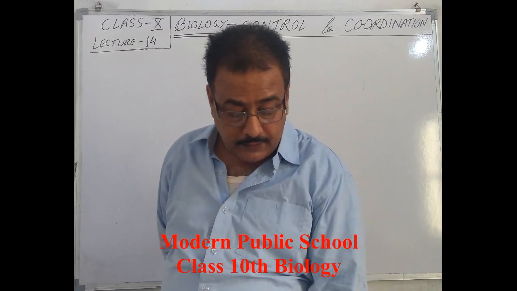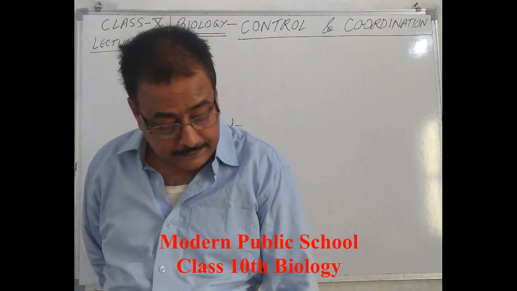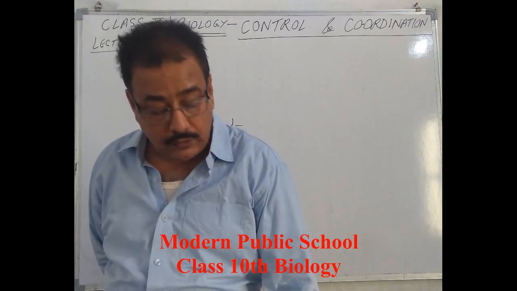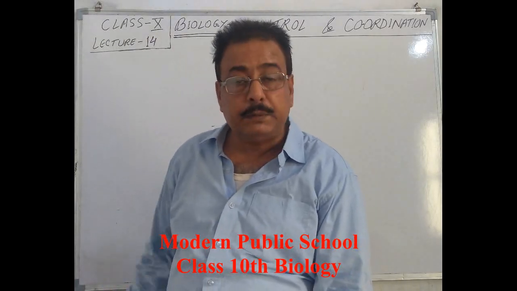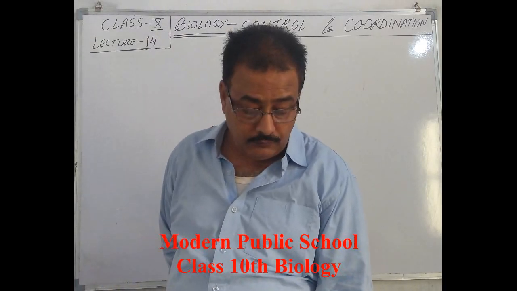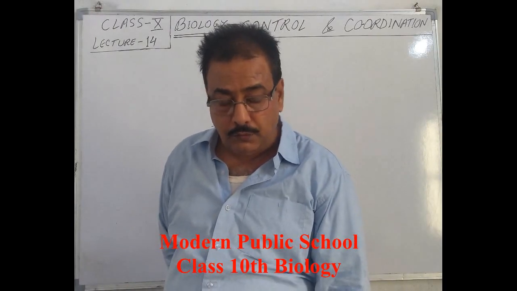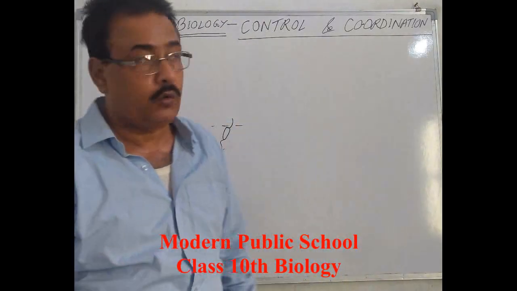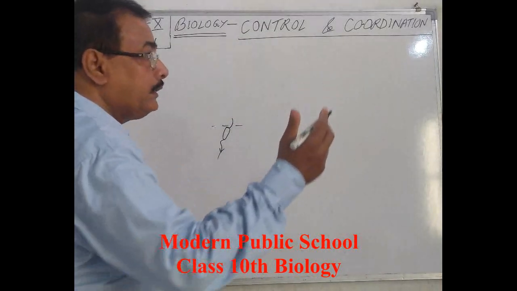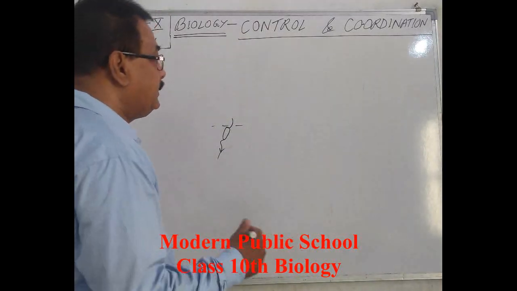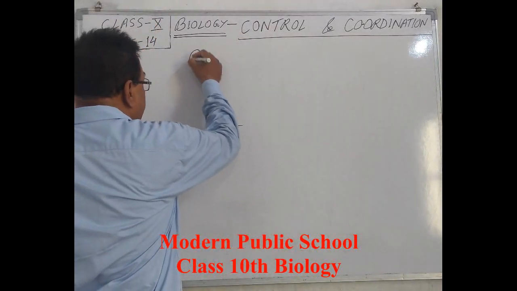In keeping with the general principle of body organization in multicellular organisms, specialized tissues are used to provide control and coordination. What are these specialized tissues? There are two specialized tissues.